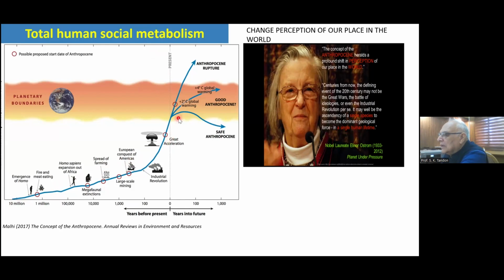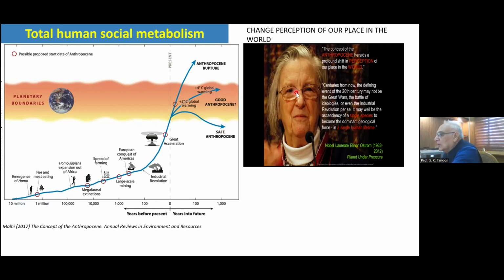And we are now beyond the Great Acceleration, worried about where we are going, +2 degrees, +4 degrees. Are we going to go into the hothouse Earth, as I said a little while ago? Or are we going to go into a safe Anthropocene? Or how long will we endeavor to be in what we are, the good Anthropocene?